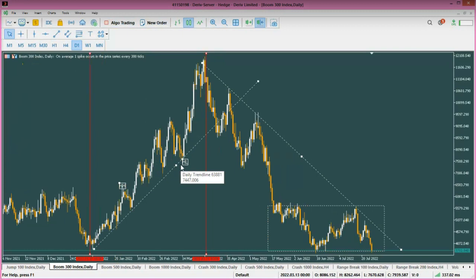Before you can think of executing a trade, you need to make sure that you understand the trend that is happening there, and that you have identified the type of market that you are entering.